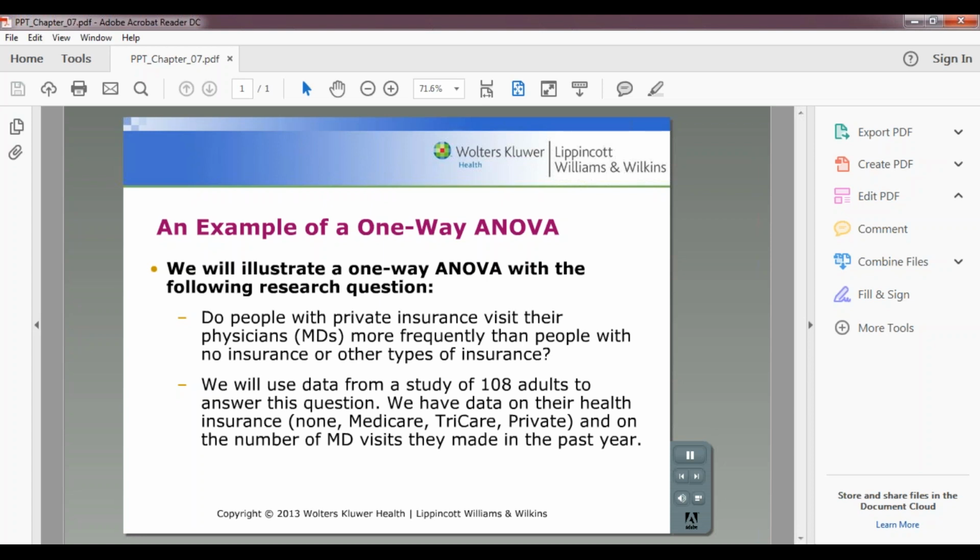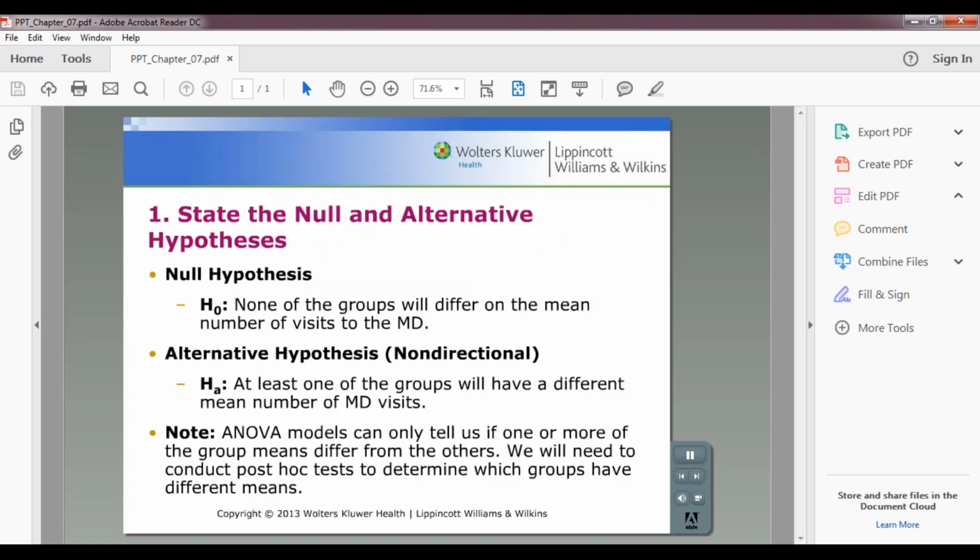Here we have 4 grouping variables, which means that we're going to have 4 different groups: those individuals who have no insurance, individuals who have Medicare, TRICARE, and private. So that's our grouping variable. And then our characteristic of interest, I don't necessarily like that term, but that's the term we use in the book. Our outcome really would be the number of visits to their doctor.